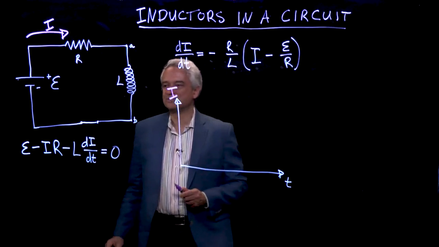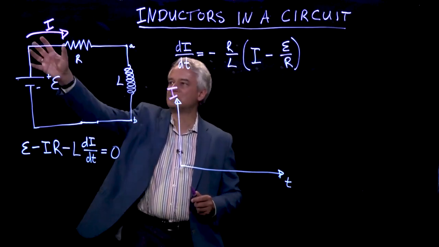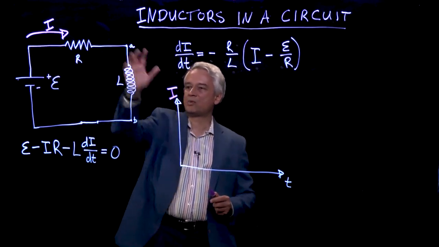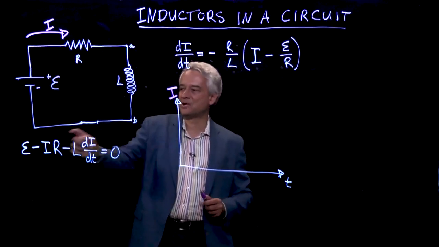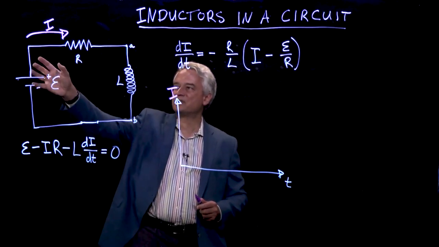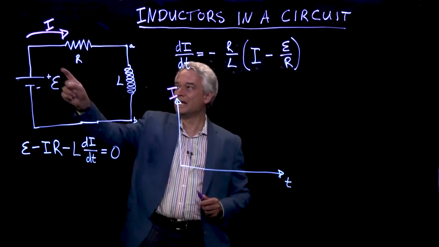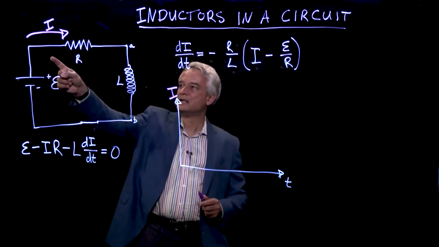Another way of thinking about this circuit is to say, well, this battery has an EMF, the voltage goes up by epsilon, and then as you walk your way around, you have to come back down by epsilon in order to get back to where you started over here. So you have to come down by epsilon going over these two circuit elements. And I is going this way.